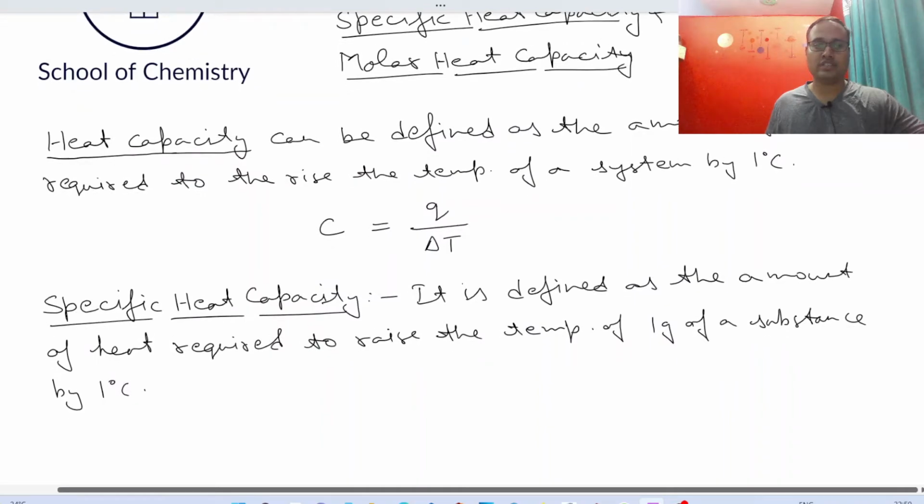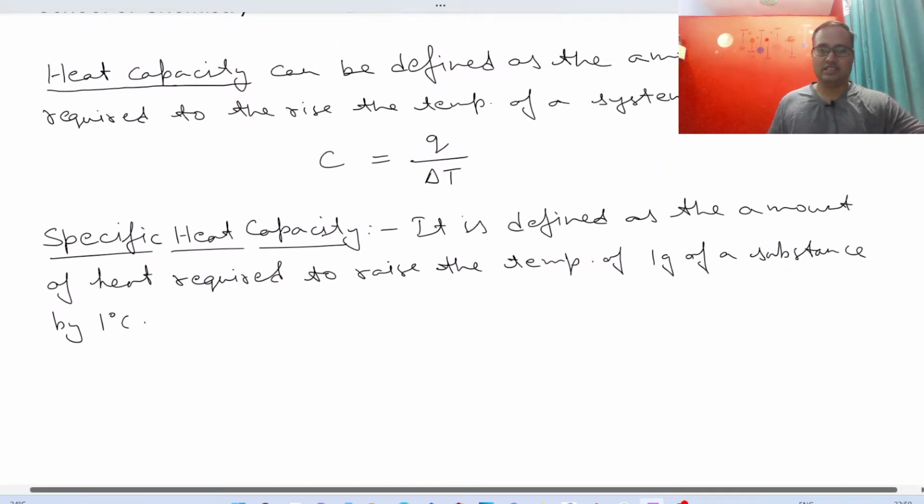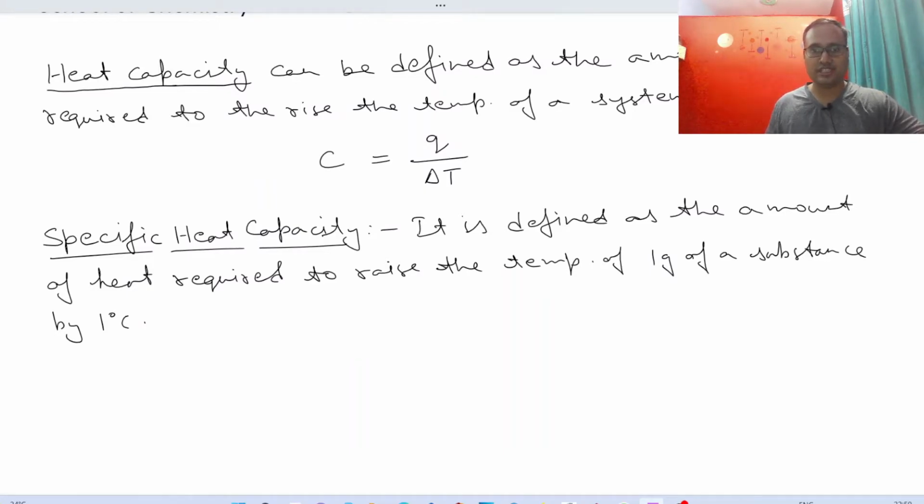So over here we are specifying the amount of substance in specific heat capacity, that is 1 gram of substance by 1 degree Celsius.